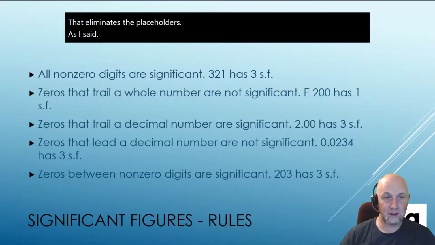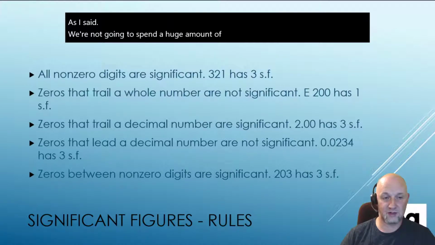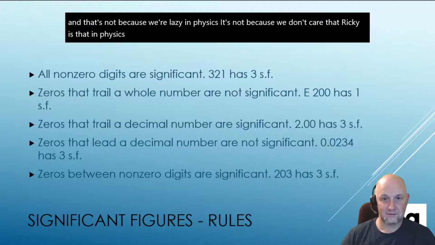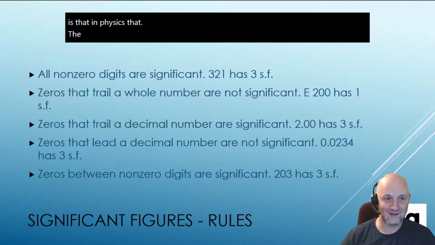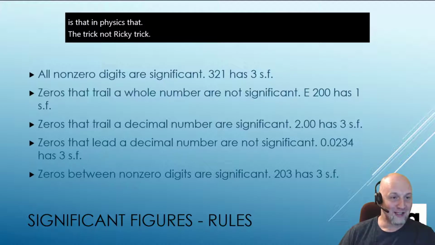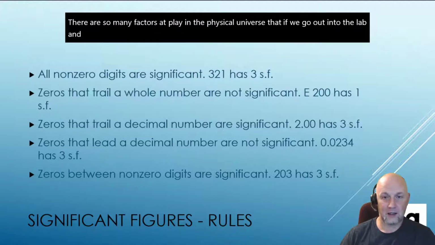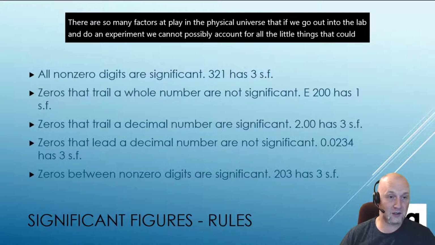As I said, we're not going to spend a huge amount of time worrying about significant digits, and that's not because we're lazy in physics. It's not because we don't care. The trick is that there are so many factors at play in the physical universe that if we go out into the lab and do an experiment, we cannot possibly account for all the little things that could affect our results and affect our measurements.